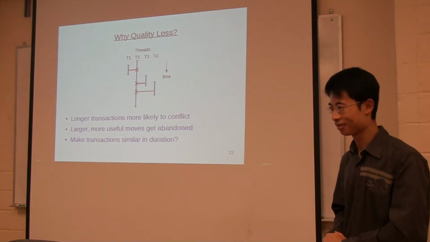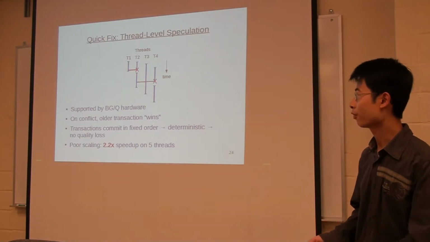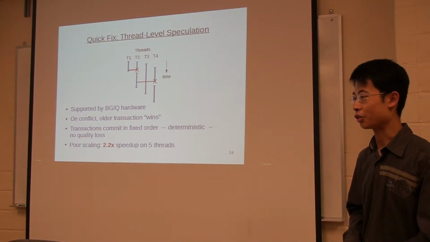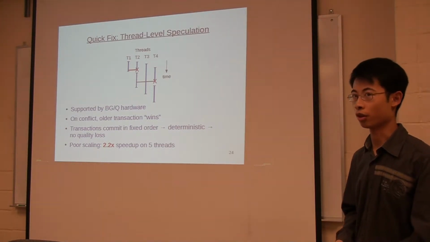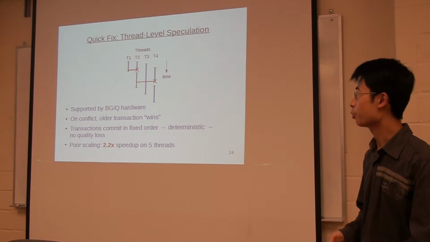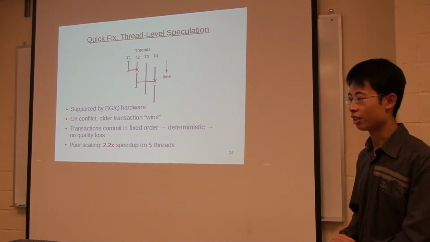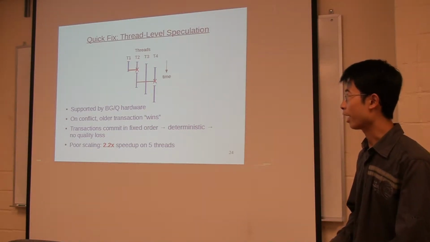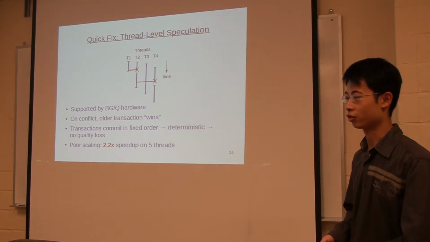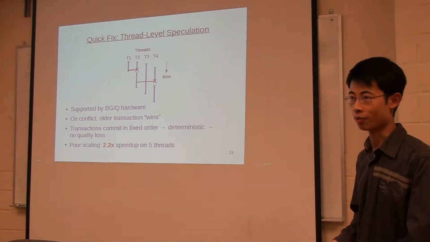Apparently in this system. Yeah, as an aside, there is a quick fix to this problem by using hardware support. The BlueGene Q provides support for thread-level speculation, which behaves much like transactional memory, but it enforces the policy that on a conflict, the older transaction always wins. And furthermore, it makes the transactions commit in a fixed order, so that the execution is actually deterministic.